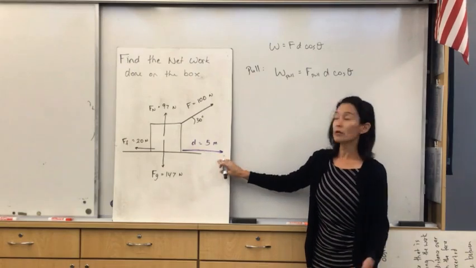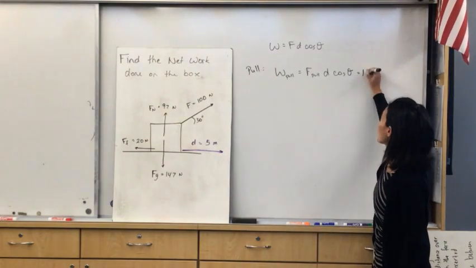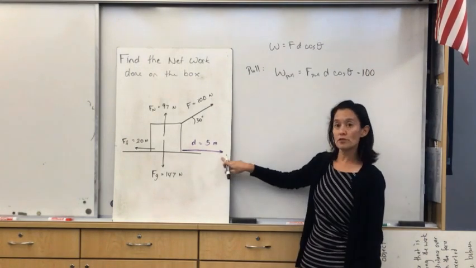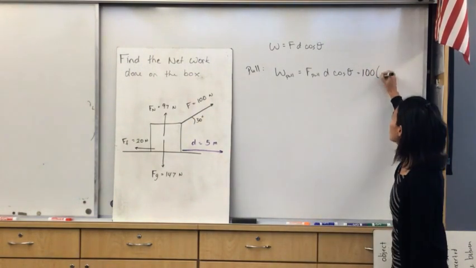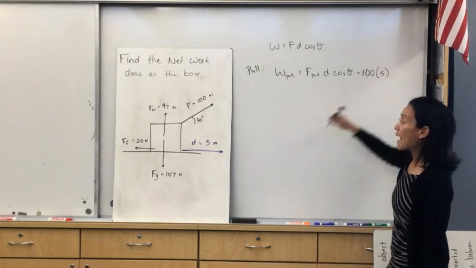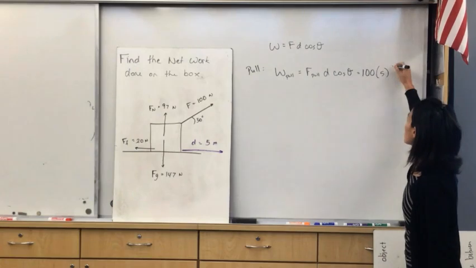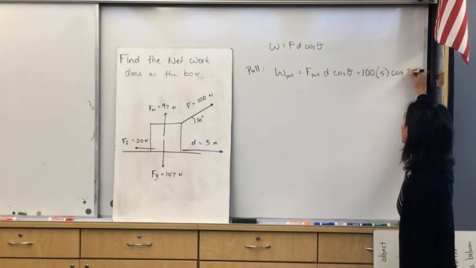If I plug some values in, this is going to be 100, because that's my force. The distance this object moves is 5 meters, so times 5. And the angle between this force and this distance is 30 degrees. So 100 times 5 times cosine of 30.